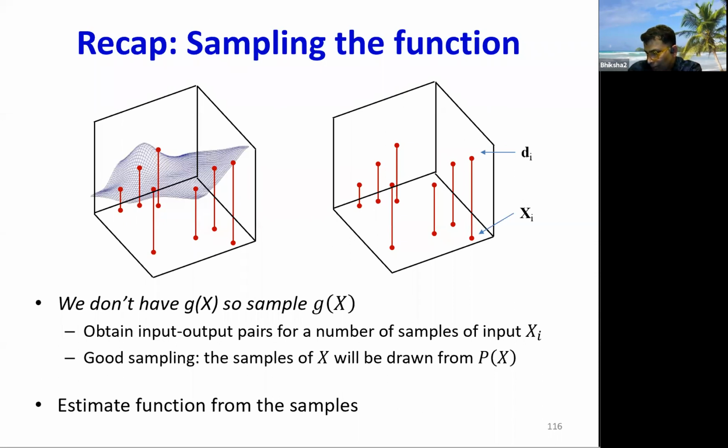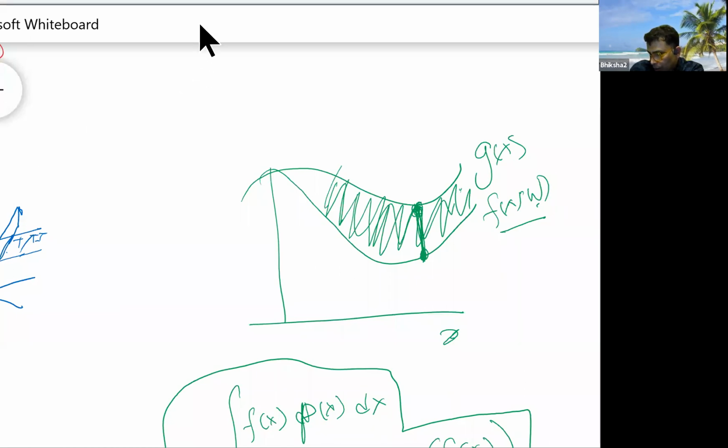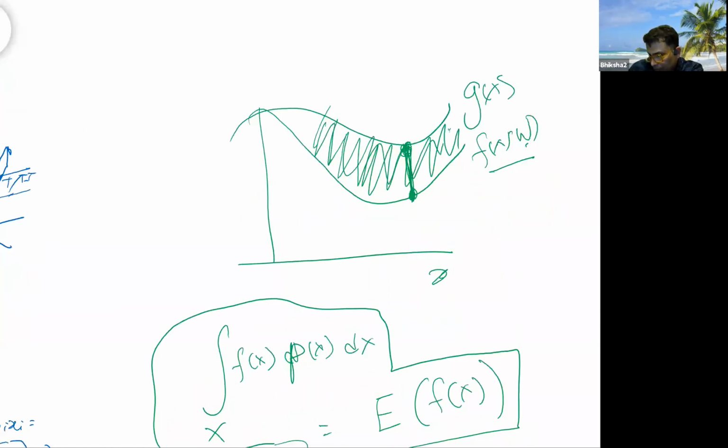So again, remember that our solution for this was to compute a bunch of training samples, and we were trying to make the network fit the target values at the training instances. Alternately stated, we can try to minimize the total length of the error at these training instances. And our hope is that if you minimize the total length of the error at these training instances, you'll be minimizing this volume itself. And that is basically what we're going to do.